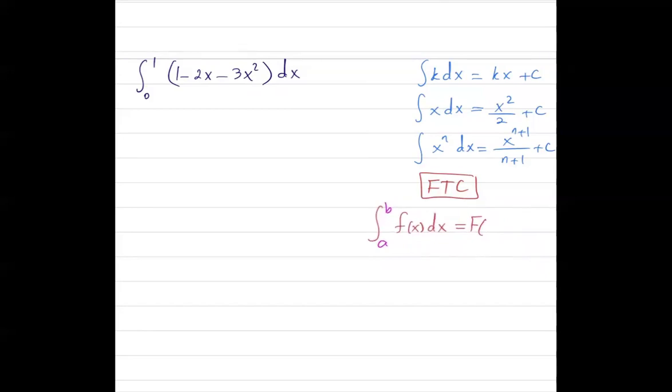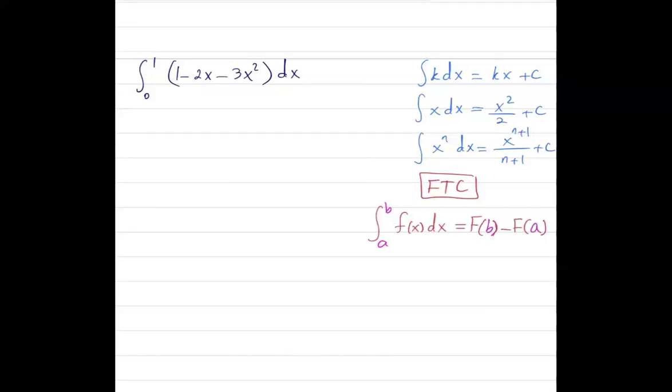So we are doing this and following the process to calculate this definite integral.